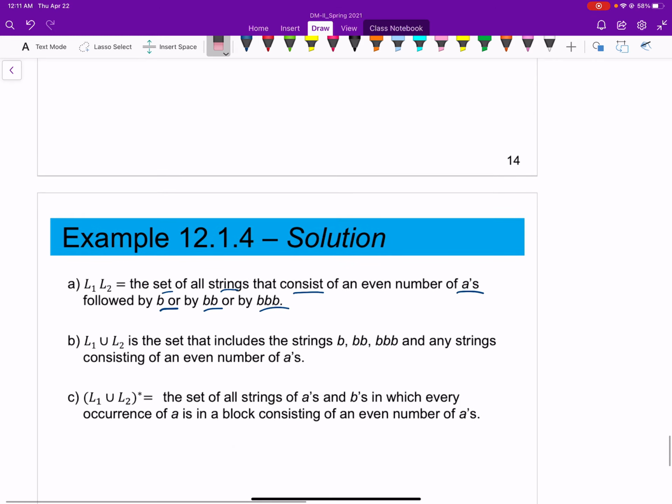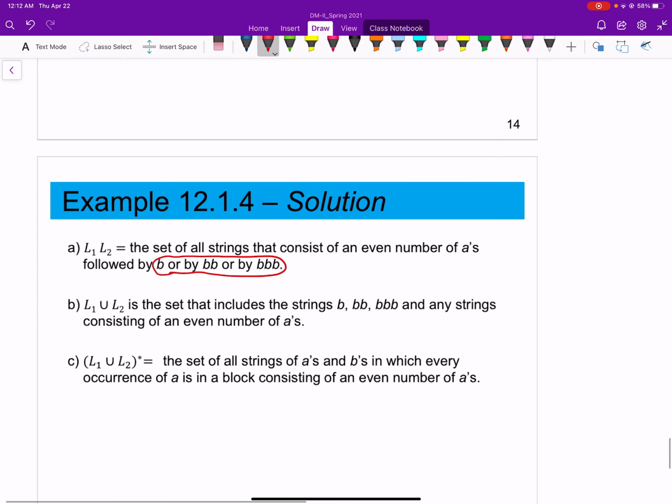This part is from L1 and this part is from L2. Even number of A's, which is L1. L2 consists of B, BB or BBB. All right, so that's clear.